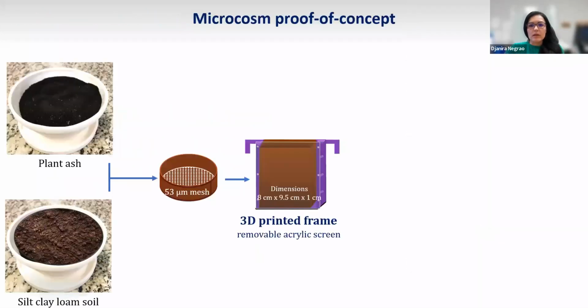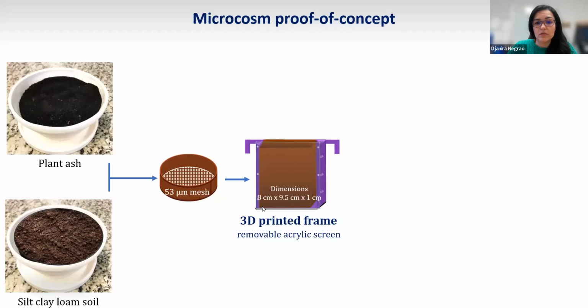So the microcosm proof of concept: we used plant ashes from miscanthus or sugarcane and silt clay loam soil, and then we sieved it with a 53 micron mesh opening, and we put it inside frames, which are actually 3D printed.